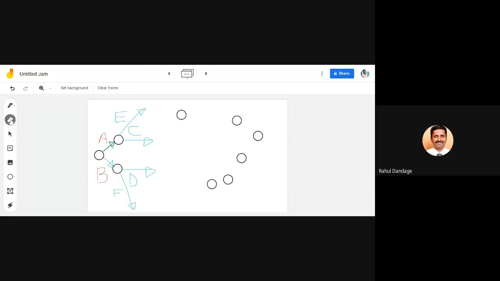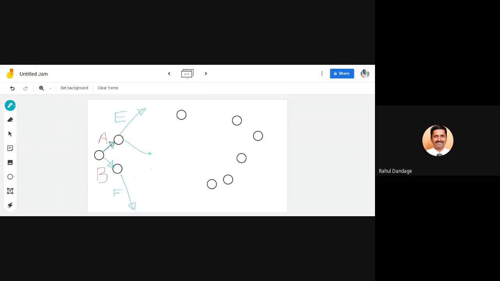So what I need to do is, what I have drawn was slightly wrong. So now I am trying to erase this. Now I will take a pen.